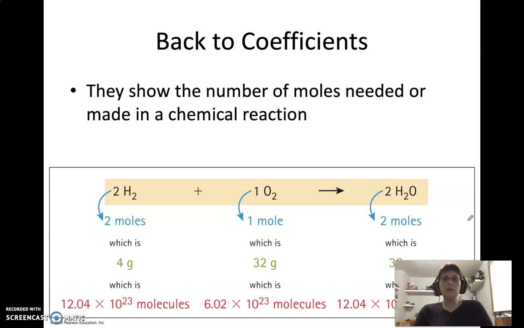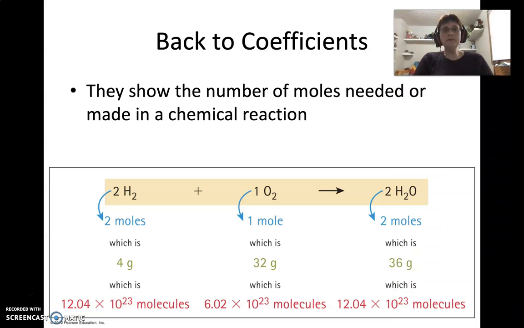So remember, back again to the coefficients, those coefficients show you the number of moles that are needed in a chemical reaction. So we're looking at the same reaction that we had before with hydrogen, oxygen, and water. Like I said, this is helpful in the real world because maybe we need to make more or less of the product, or maybe we don't have enough of a reactant and we want to know how much we can make of a product.